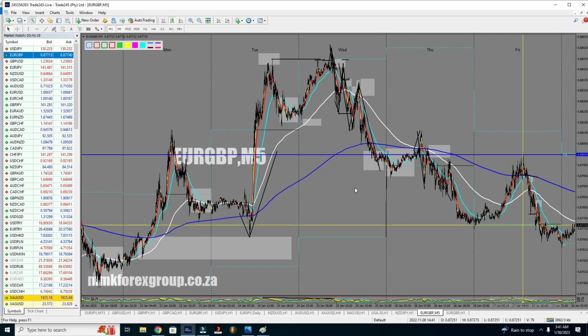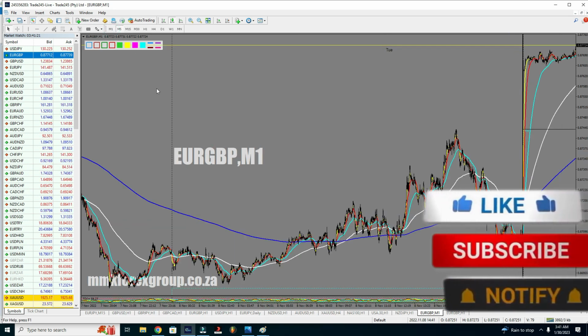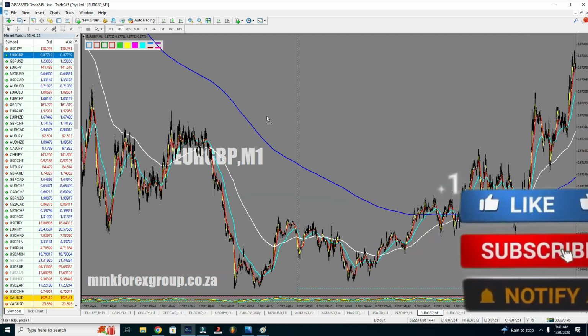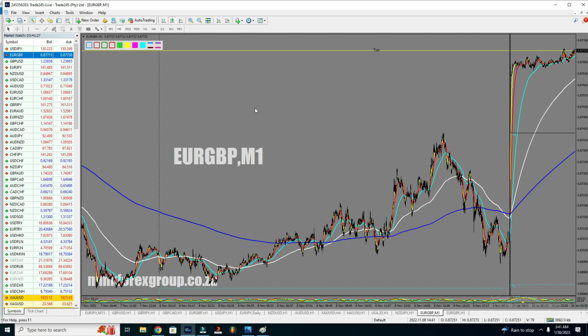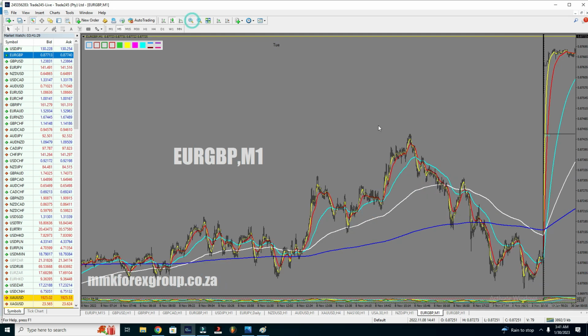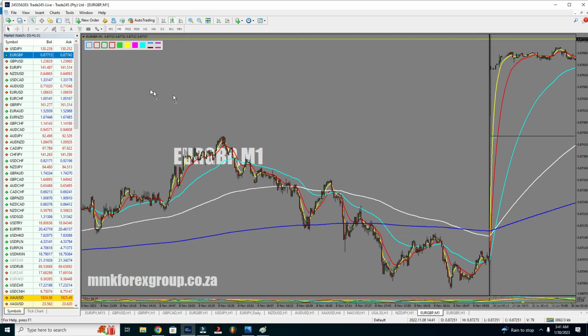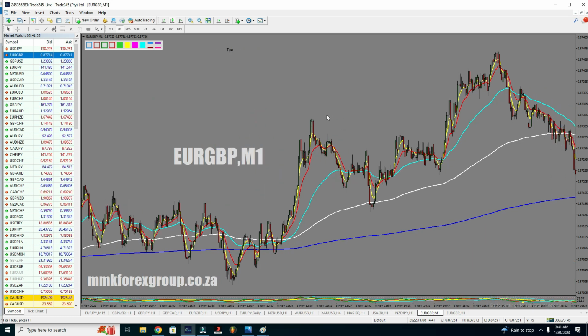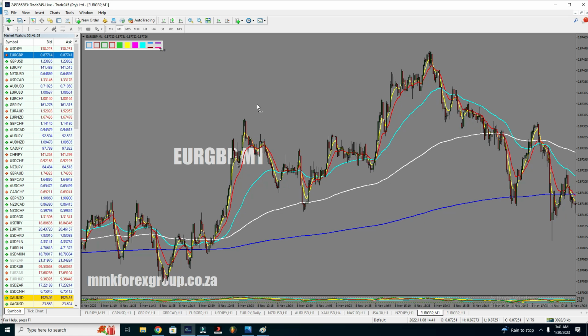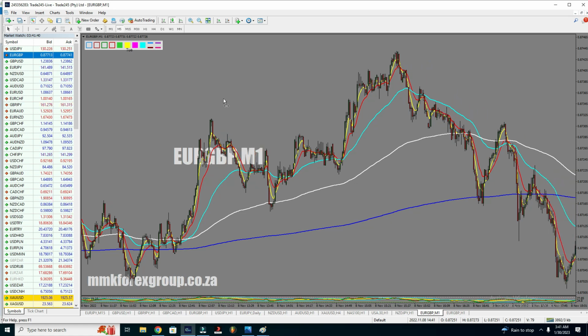Okay, I don't think it will allow us. But these same concepts can be applied in your M1 time frame. So always remember that you can apply this in your M1 time frame, because here's a clean structure, a move at this area.